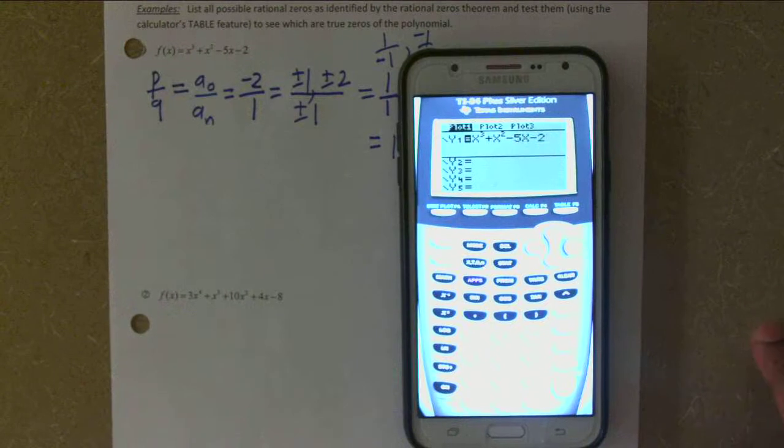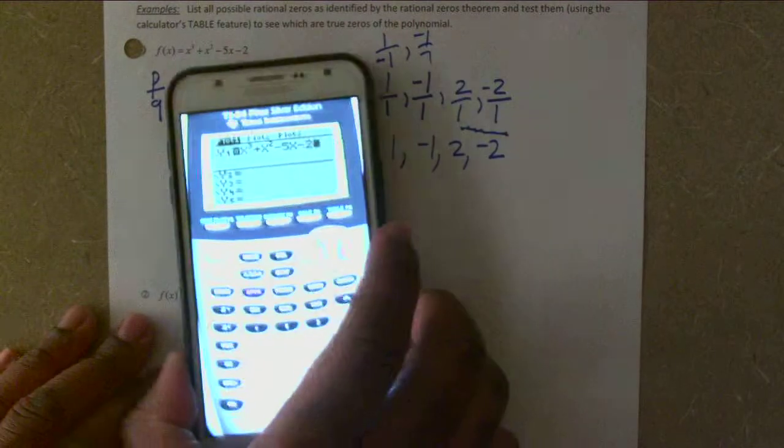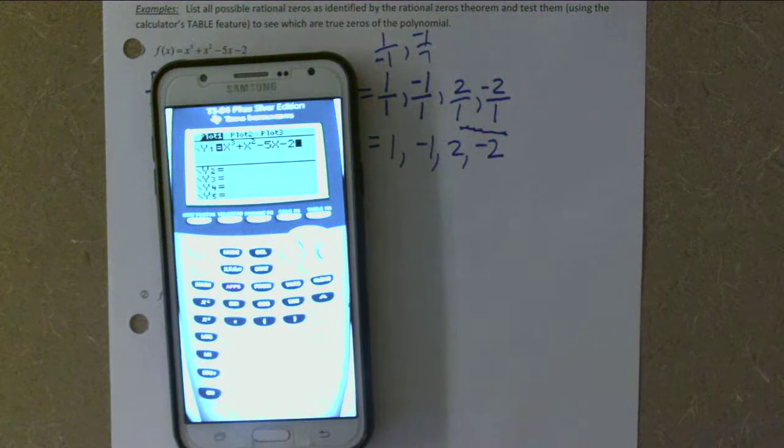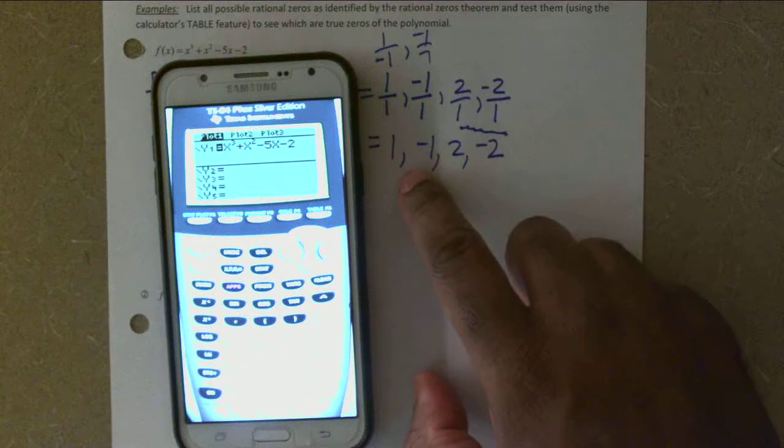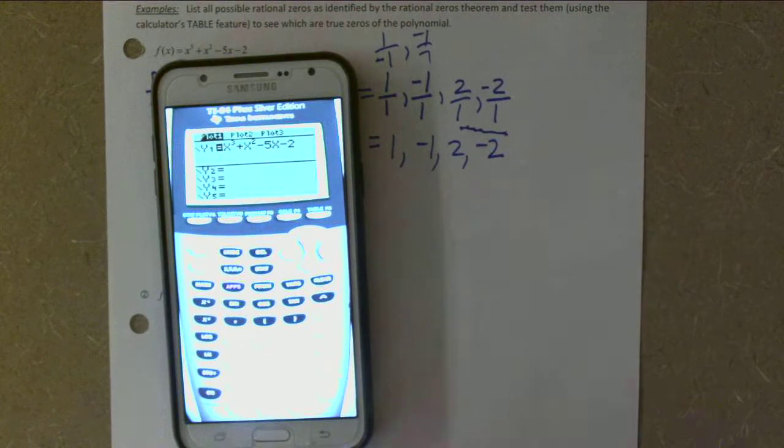Now, for this particular problem, we do not need to graph that. All we need to do first is to type in the equation. And we need to test 1, -1, 2, and -2. Whichever one of them or ones of them will make this equation equal 0, that is what we're looking for.